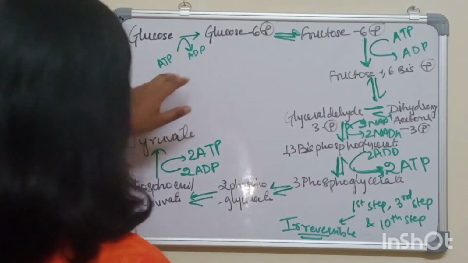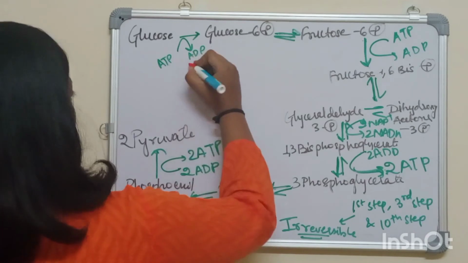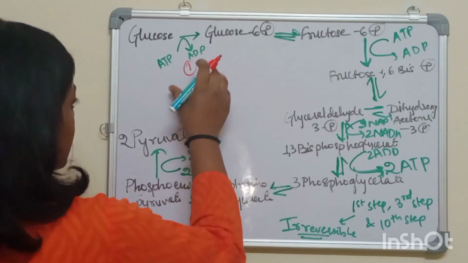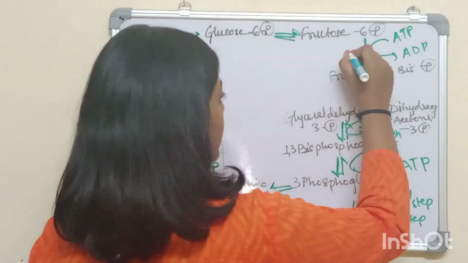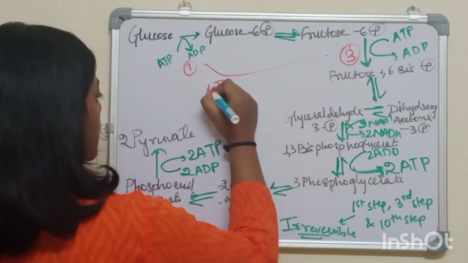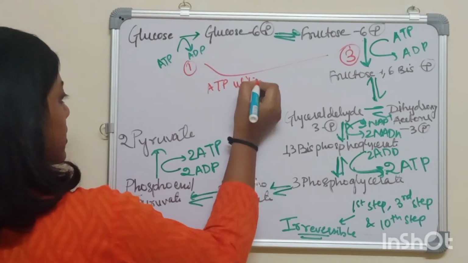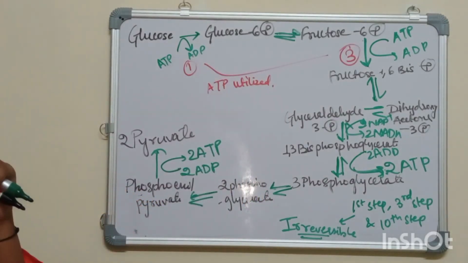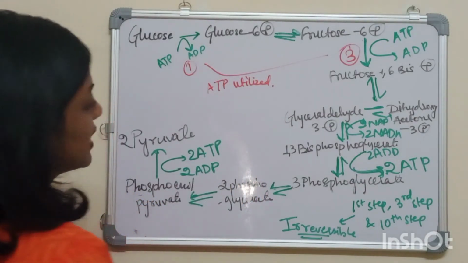So this is the first step. ATP is utilized in the first step and third step. Now let's see where the ATPs are produced.